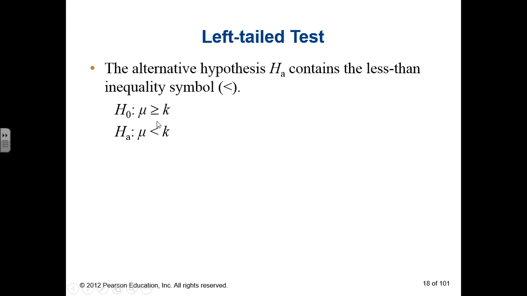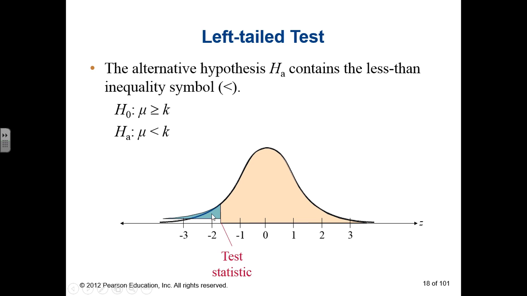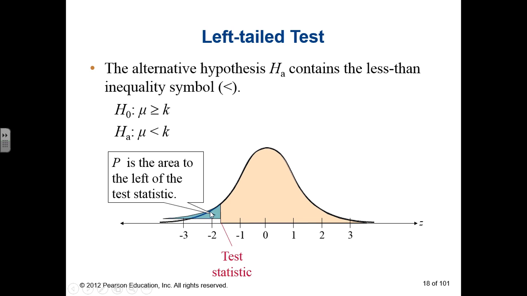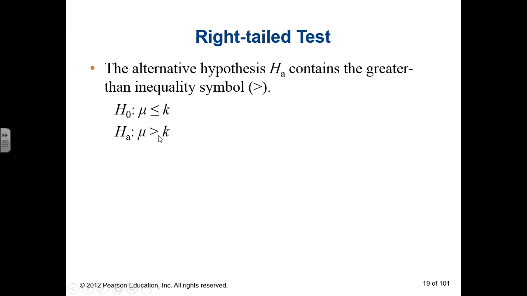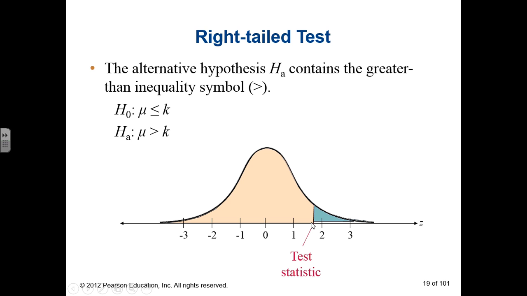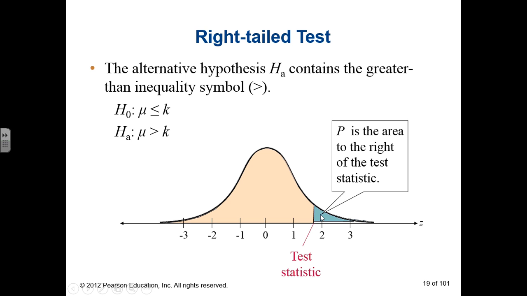If the alternative hypothesis is a less than, then it is known as a left-tail test. It's easy to see the inequality pointing to the left, which means the test statistic is here and the p-value is in the left tail. If our alternative hypothesis is a greater than, the inequality is pointing to the right. It's known as a right-tail test, and the test statistic is here and the p-value is in the right tail.